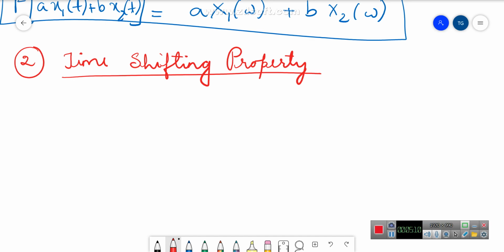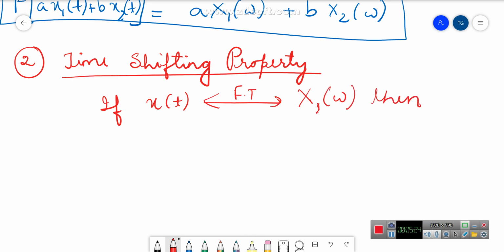The statement looks like this: if the Fourier transform of x of t is X of omega, then the Fourier transform of x of t minus t naught, that is my signal x of t getting shifted by t naught seconds, has its spectrum modified by a linear phase.